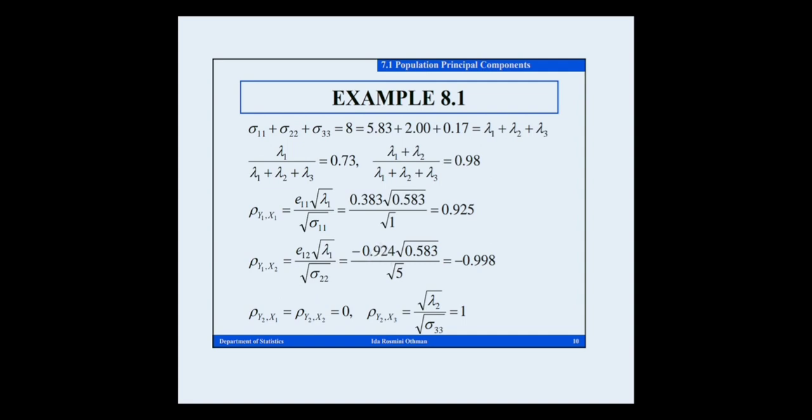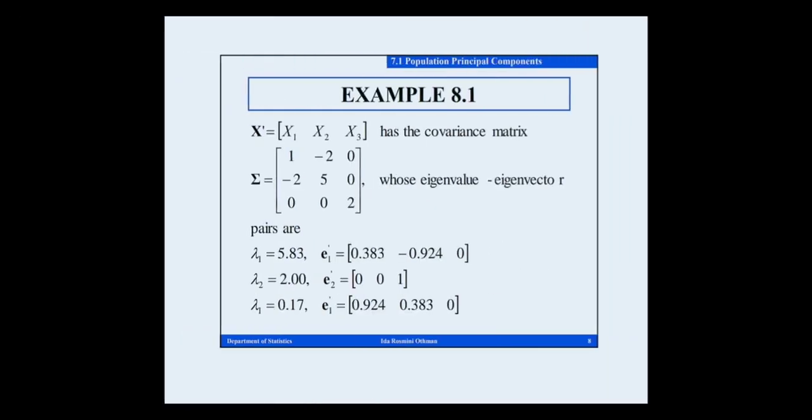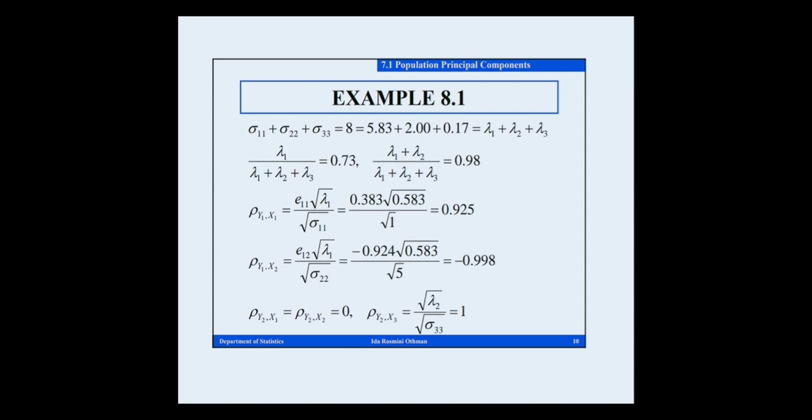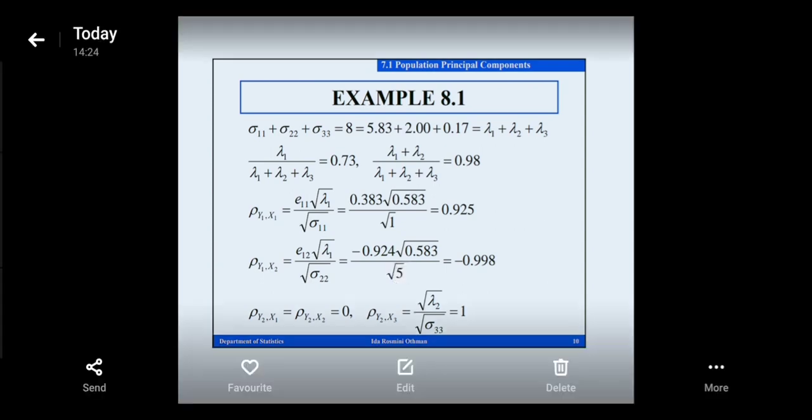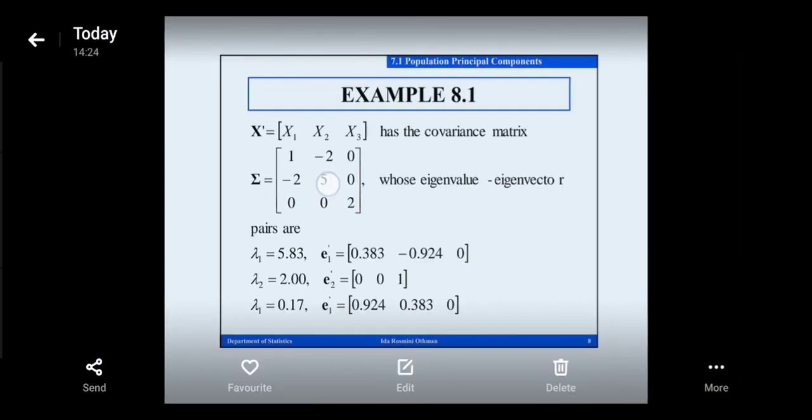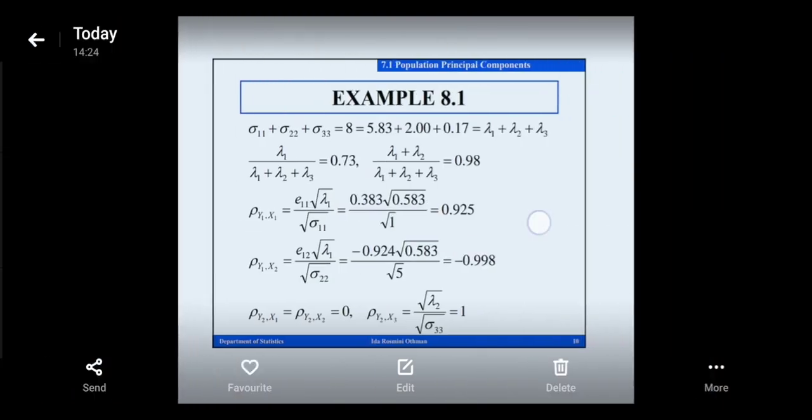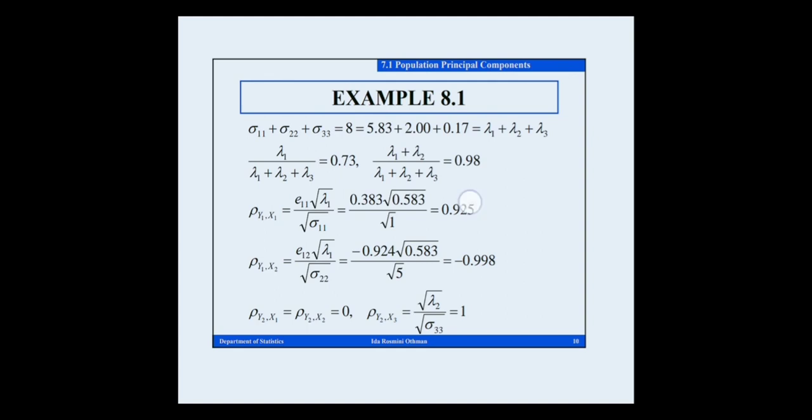Here lambda 1 belongs to the first principal component. Here is the square root of 1 because it is the standard deviation of the first variable, and here the square root of 5 because of the variance of the second variable. So lastly you will get 0.925 for the first variable and negative 0.998 for the second variable. That is the correlation.